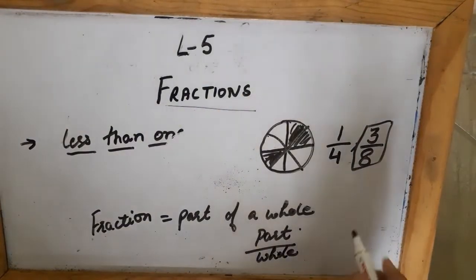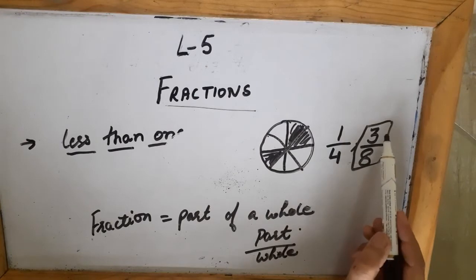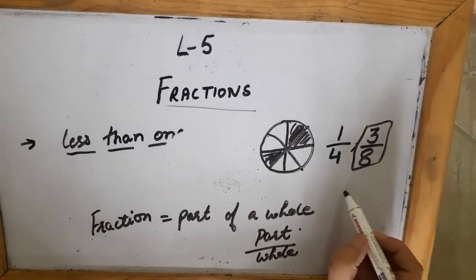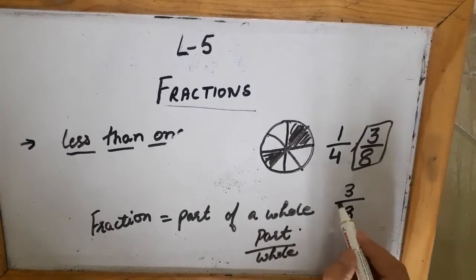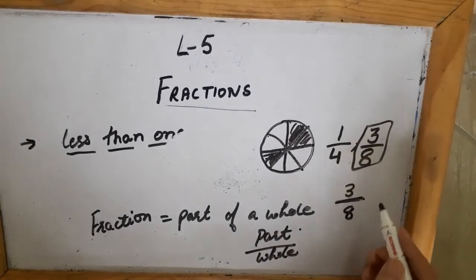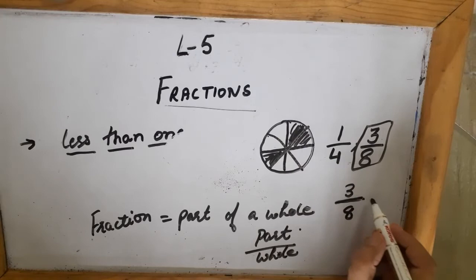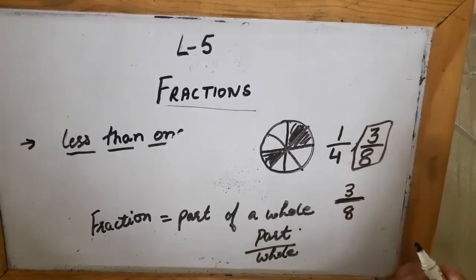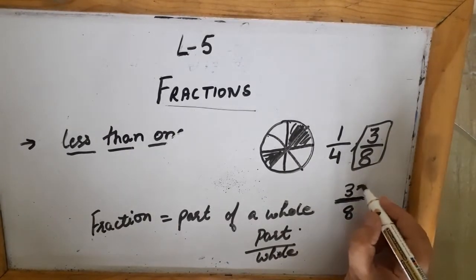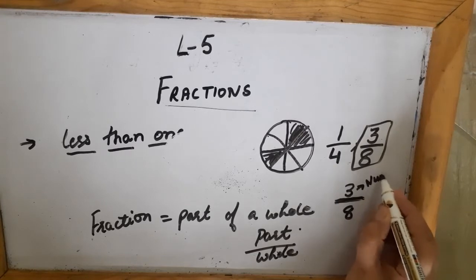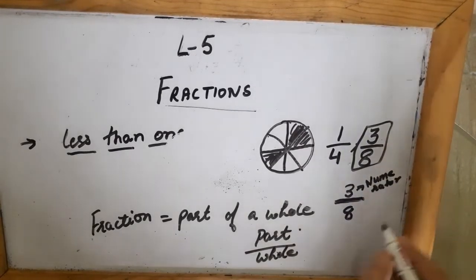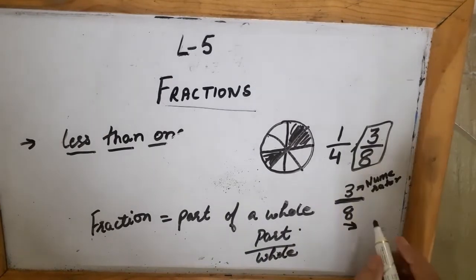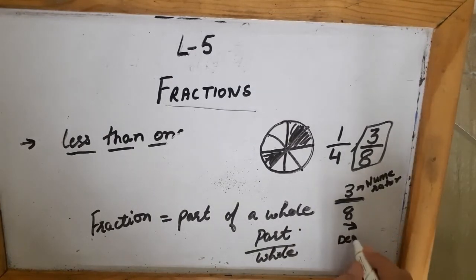Now in a fraction, as you can see, there is a number on the top and there is a number at the bottom, and in between you have a bar. This is called the fraction bar, and the number on the top is called the numerator, and the number down is called the denominator.